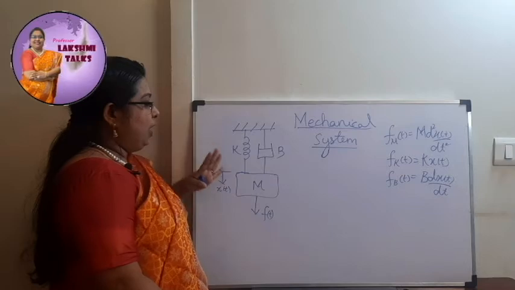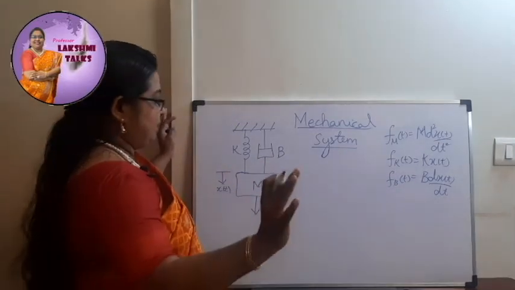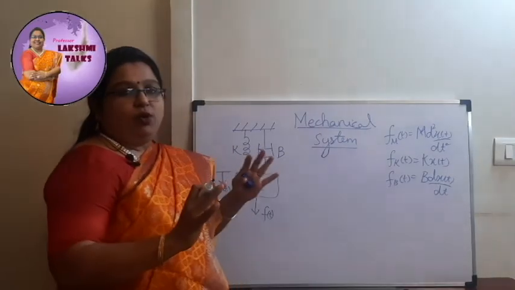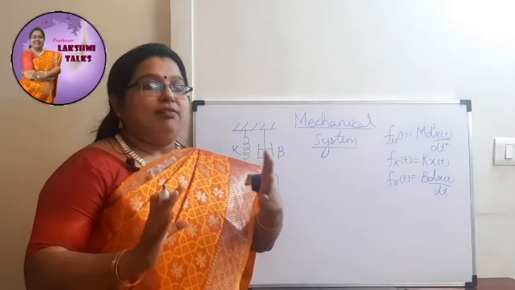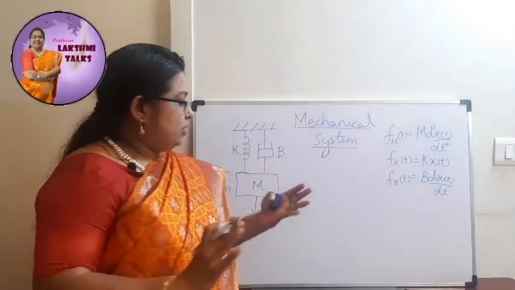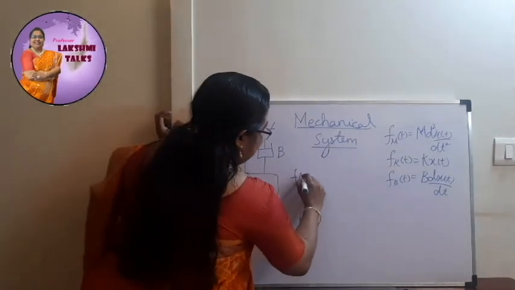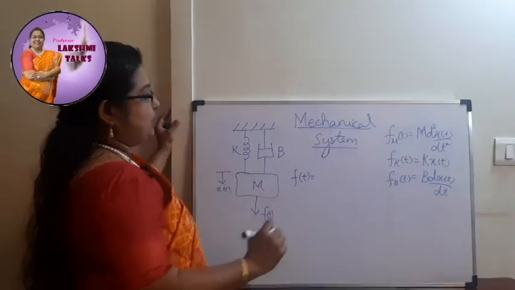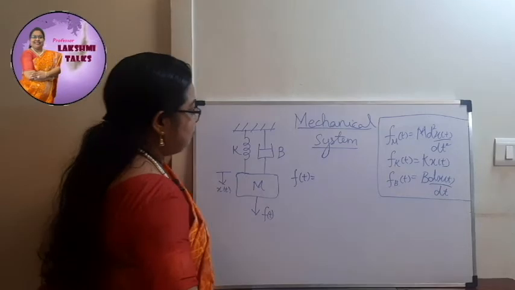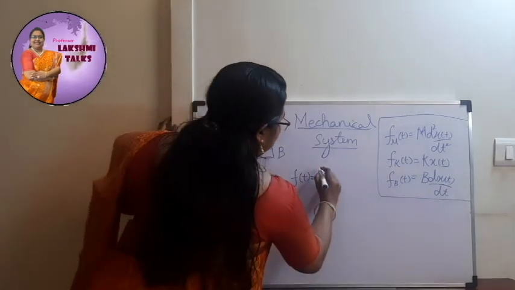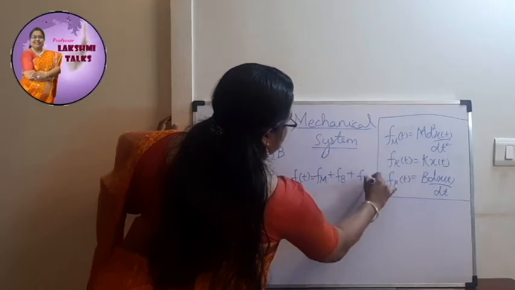Now, how to write a mathematical equation for this mass spring damper system? Whenever a force is applied, we have already seen that the applied force is equal to the sum of opposing forces. And we have to overcome the opposing force in order to make the object move. So F of t is the applied force. And what are the opposing forces? We know it is the force produced by the mass, the damper and the spring, right?